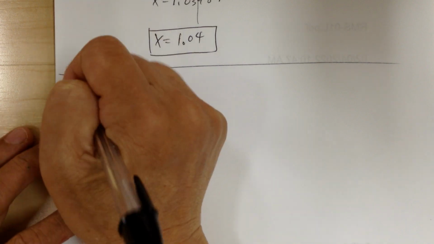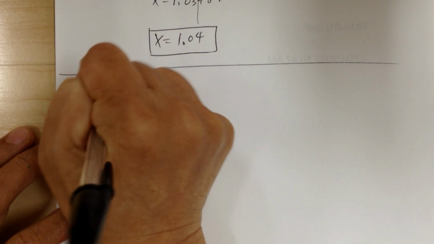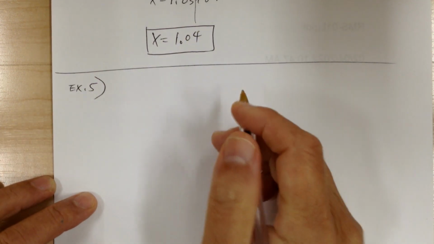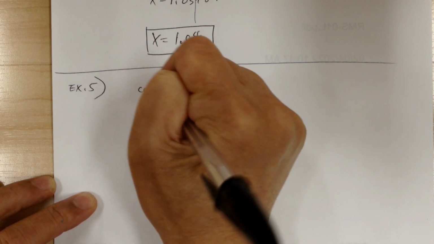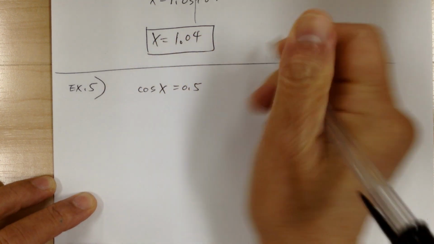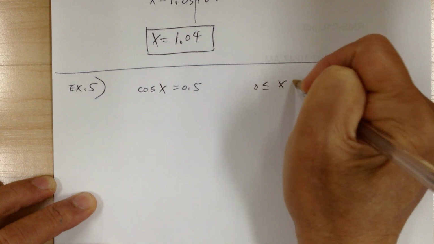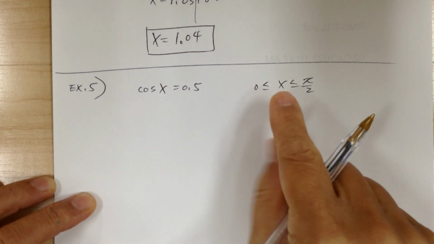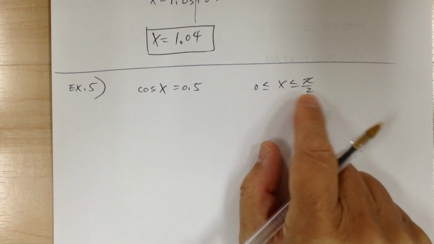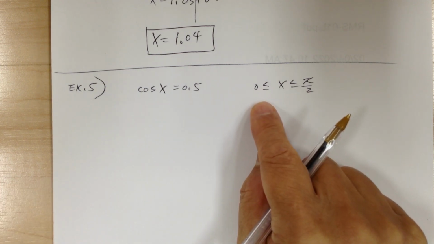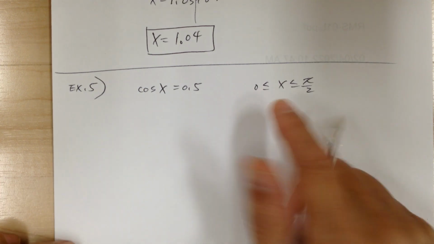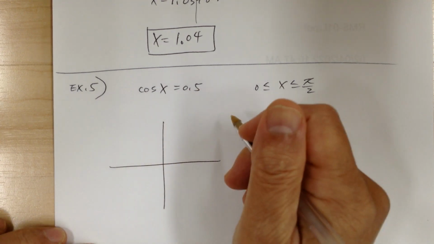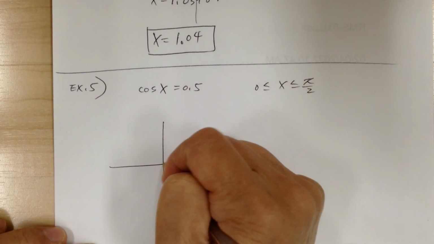Okay, let's go to example 5. It says find the exact value of x if cosine of x equals 0.5, and this is between. Now notice that the boundaries are given in radians, so you have to do it in radians. So what you do is you draw the triangle.